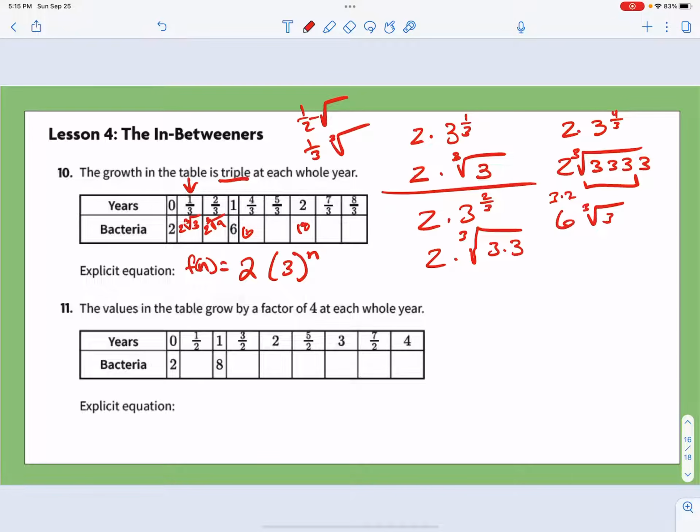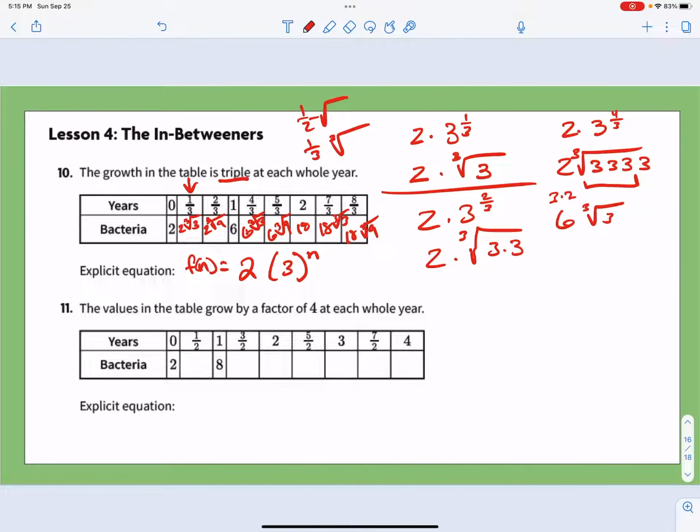So I have 6 cube root of 3, which means my next one, following the pattern, is going to be 6 cube root of 9. And that means this is going to be 18 cube root of 3, and then 18 cube root of 9.